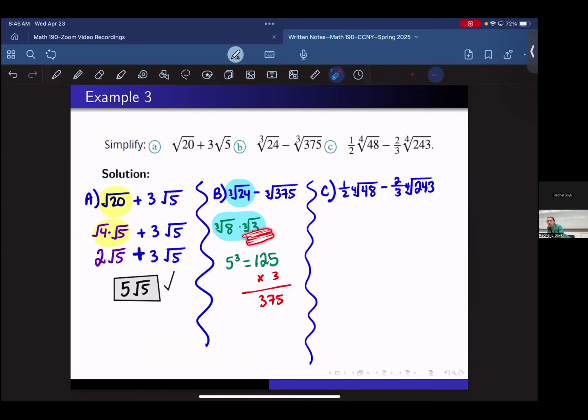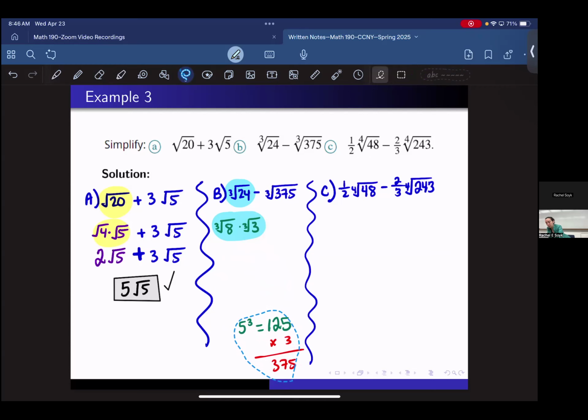3 times. Would you look at that? That's going to be our like radicand between the two. So when we rewrite this, I'll put this maybe below here.